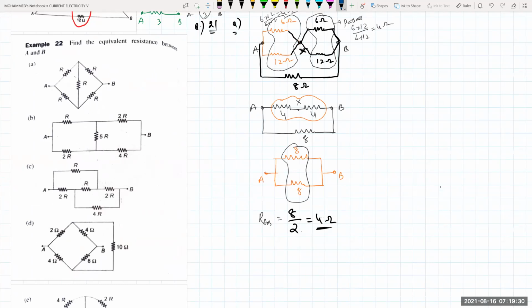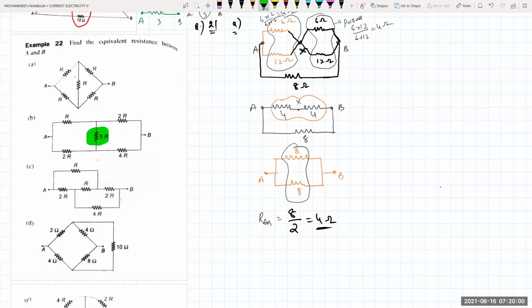Chalo, can you do the B1? Try to tell me the answer. Anyone? Is it forming a Wheatstone bridge? Yes. If it is forming a Wheatstone bridge, then what we need to do? Remove 5R.